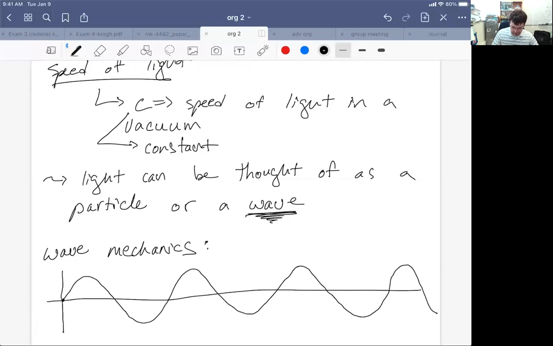So there are some things I want to first note. If you start at a point on a wave and you traverse that wave through an entire up cycle and an entire down cycle, and you get back to the original spot after going both up and down, we call this a period.